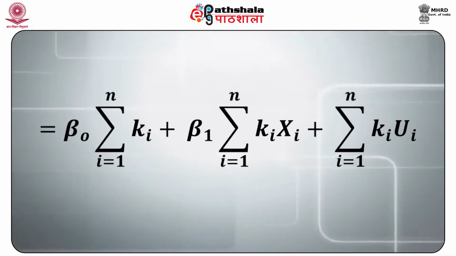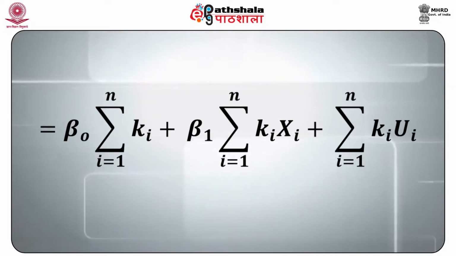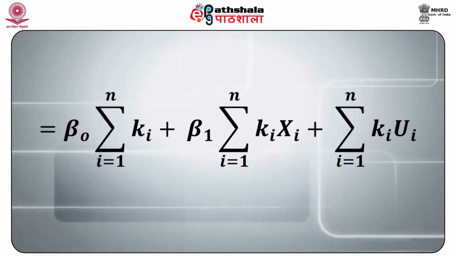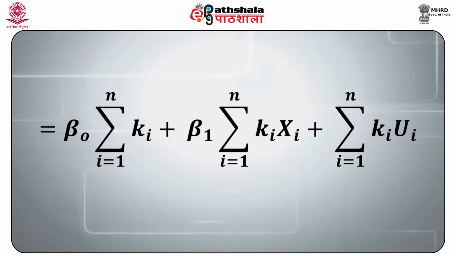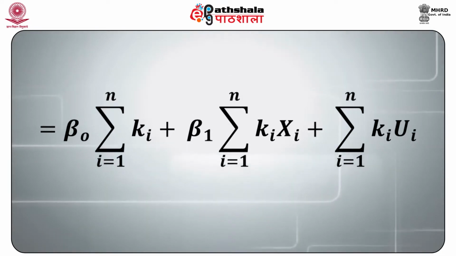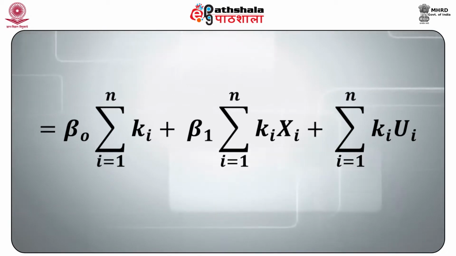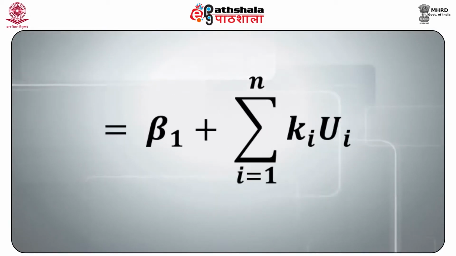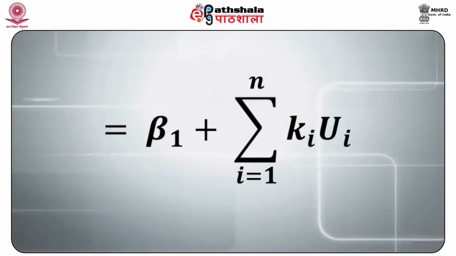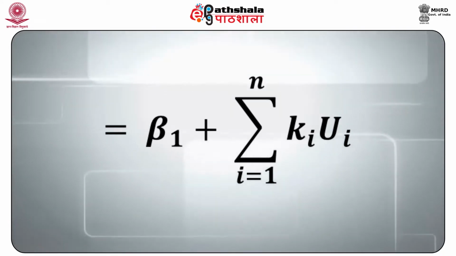To open up this product, we get beta 0 into sigma ki plus beta 1 into sigma ki xi plus sigma ki mu i. Now this comes out to be equal to beta 1 plus sigma ki mu i, because we have already proved that sigma ki is equal to 0 in our properties.